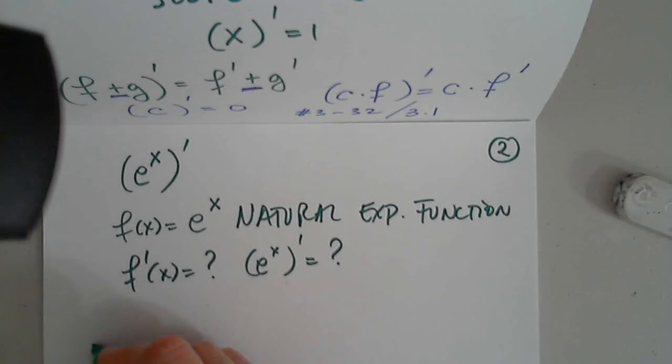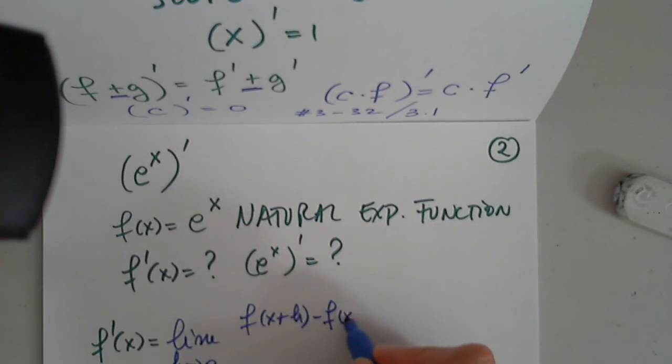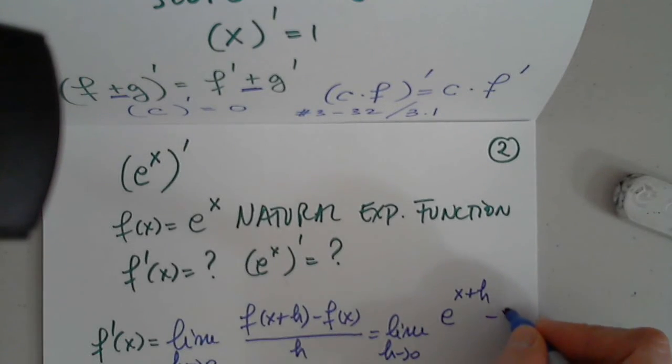With the limit of the difference quotient, we will have the limit as h approaches 0 of f of x plus h minus f of x divided by h. And this is the limit as h approaches 0 of e to the x plus h minus e to the x, divided by h.